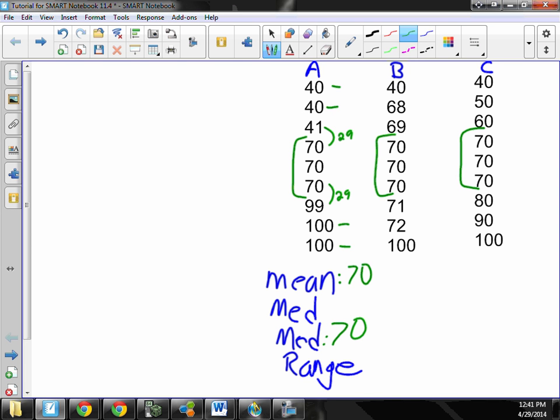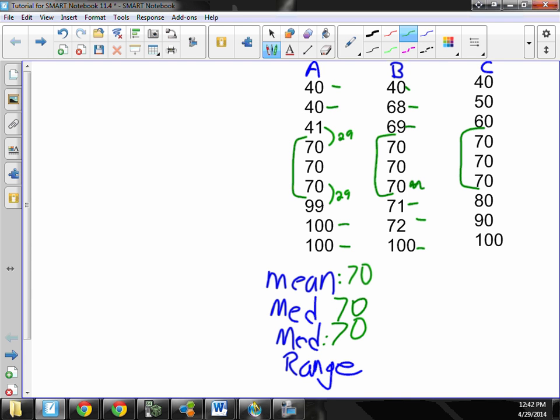Okay, and if you didn't understand that, that's okay. Not a big deal. We'll look at the other lists. Well, I'm just saying I made it so it's 70. So if you look here, 40 and 100 match, 69 and 71 match, and then 68 and 72 match. So the median is 70.